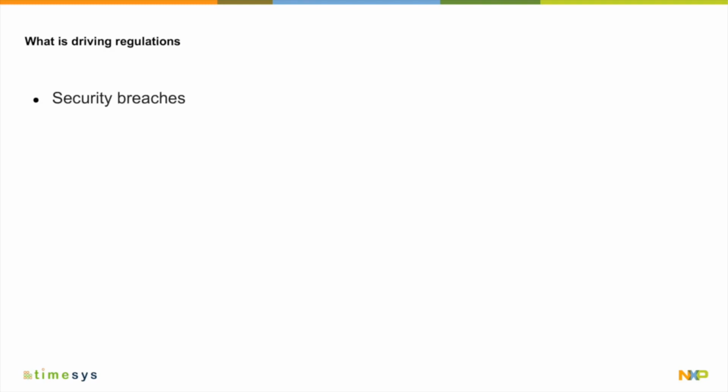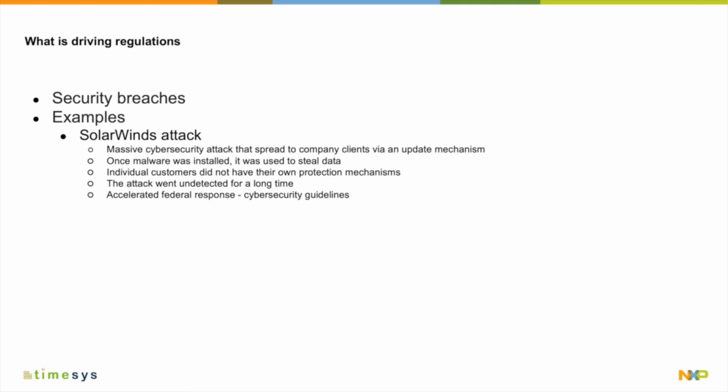What is driving regulations? Well, we've heard a lot of stories, both in the news and on the internet, about security breaches. I wanted to mention two examples today. The first one is the SolarWinds attack. It's an attack that spread to company clients via the company's own update mechanism. In this scenario, end customers didn't have their own mechanisms for identifying security breaches, and they didn't have any ways of protecting confidential data.